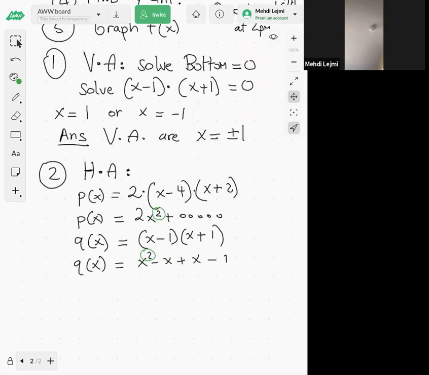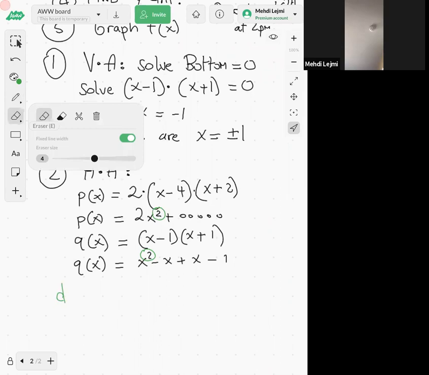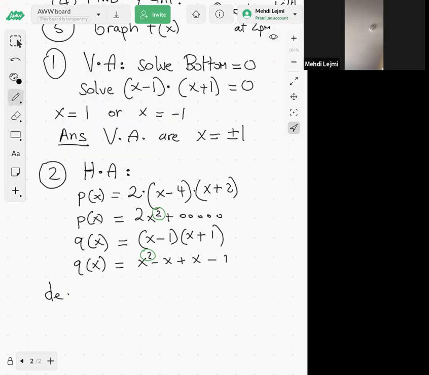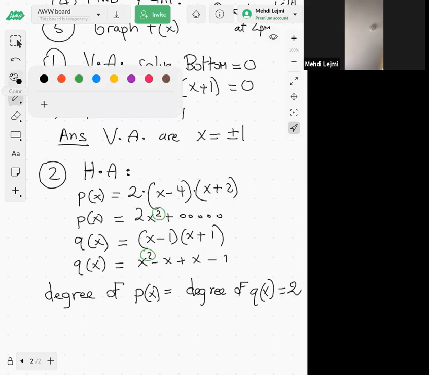So the degree of p of x is equal to the degree of q of x, which is 2, right? So we have to take the ratio of the leading coefficients, but be careful here.